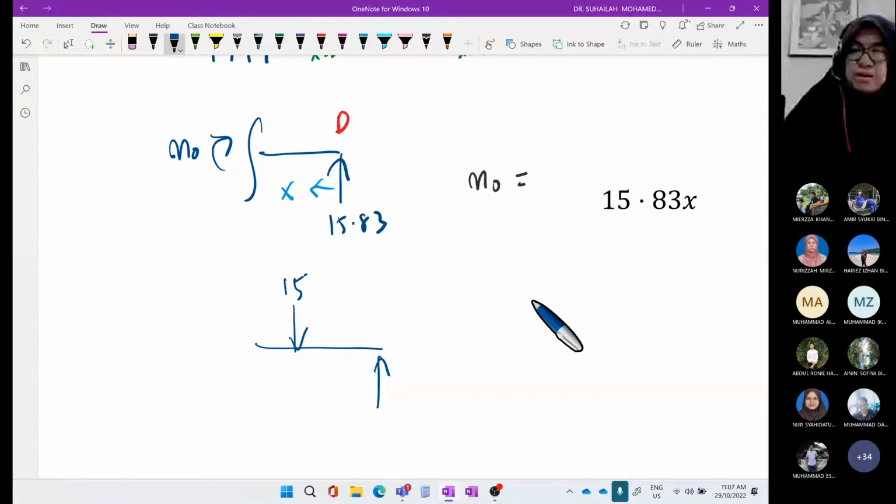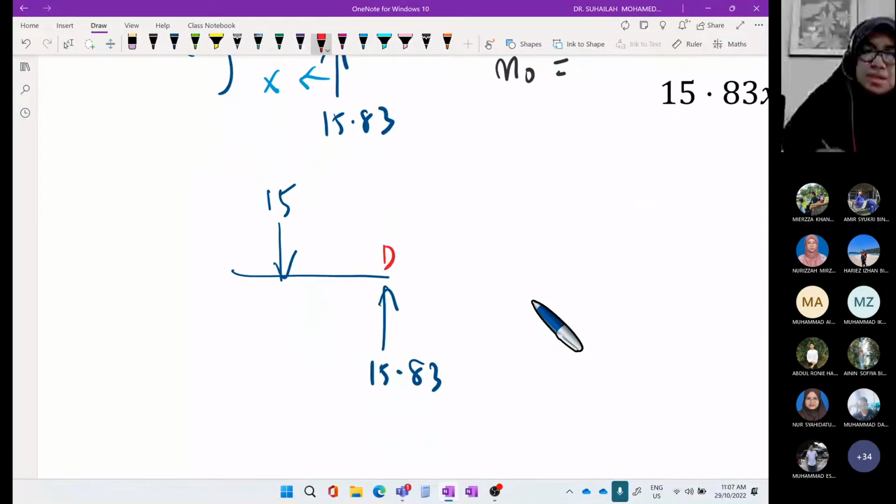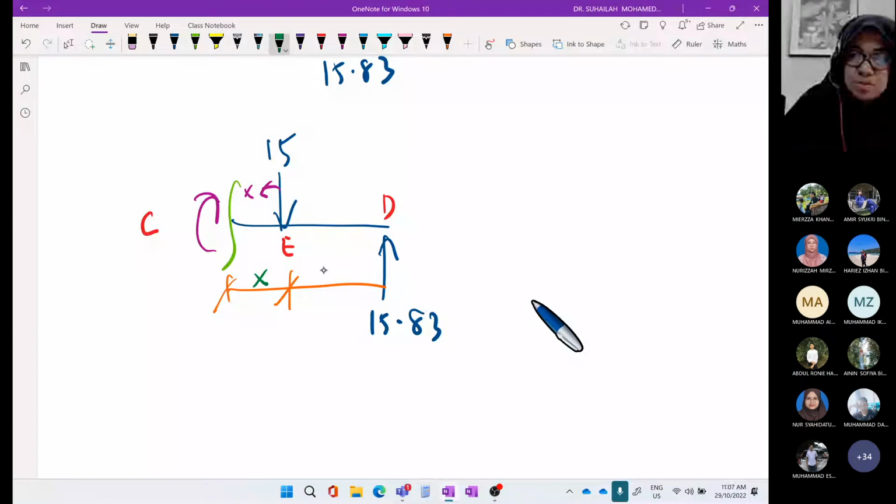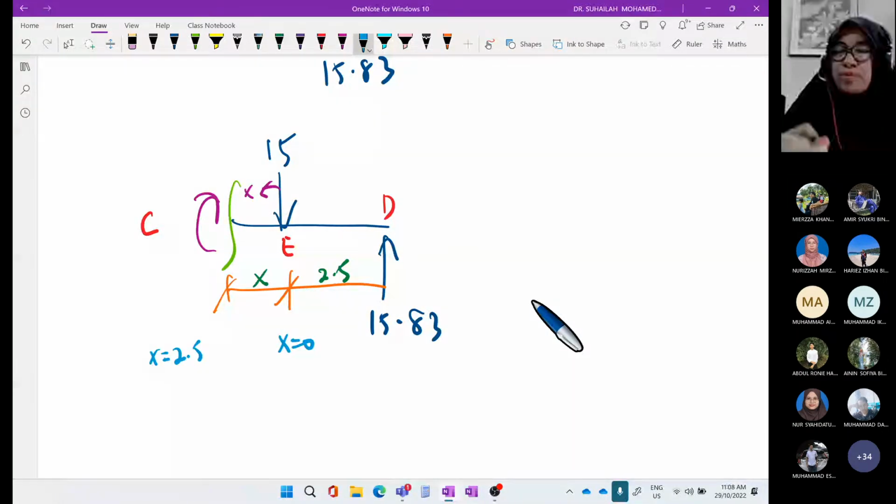So this is D, this is E, this is C. Cutting here, the moment is clockwise because origin from E. This will be X, and this is 2.5. Remember at origin X is equal to 0, and at C, X is equal to 2.5. That's why the limit is 0 to 2.5, measured from origin.